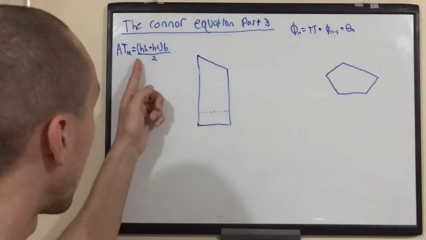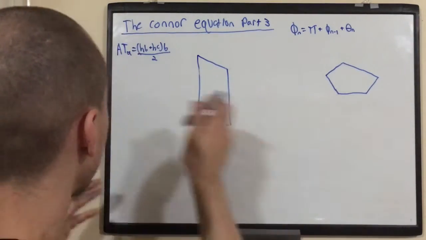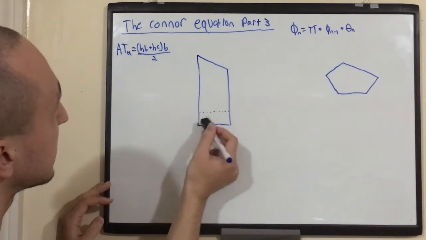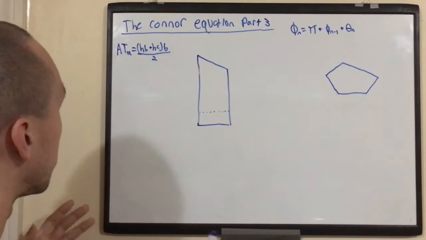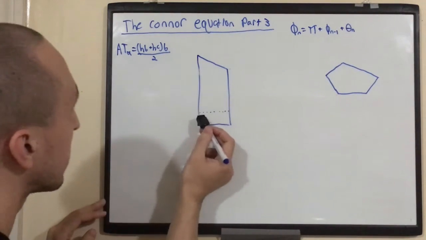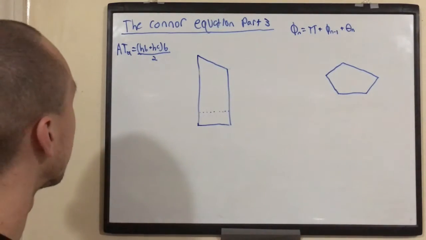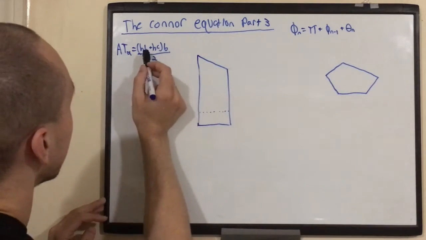The reason why HB, we're going to imagine these are the heights. That will make it easier for people to follow. B stands for base, okay? I hope that's clear.